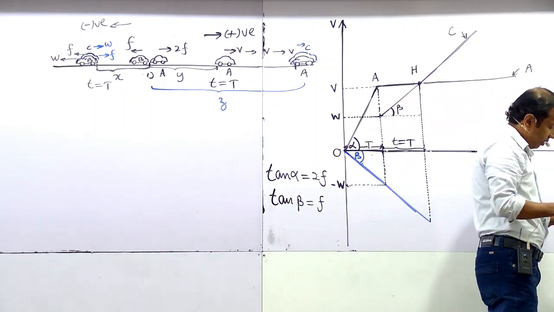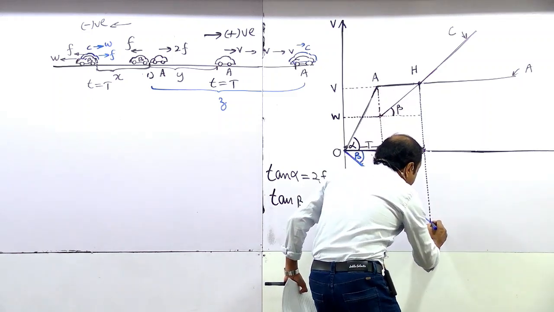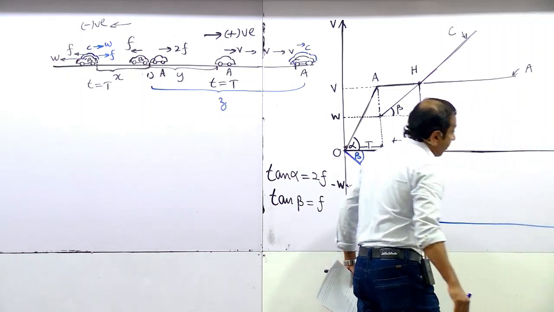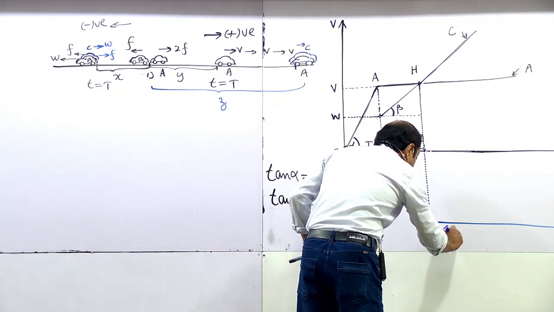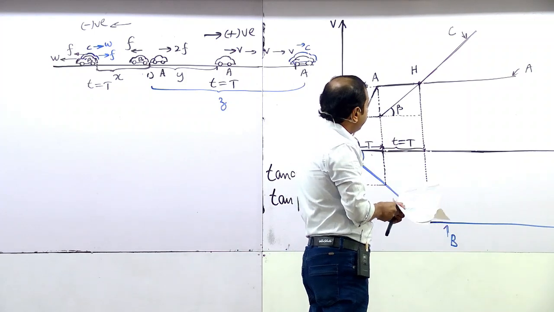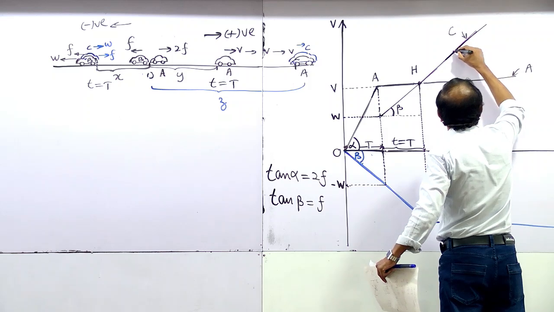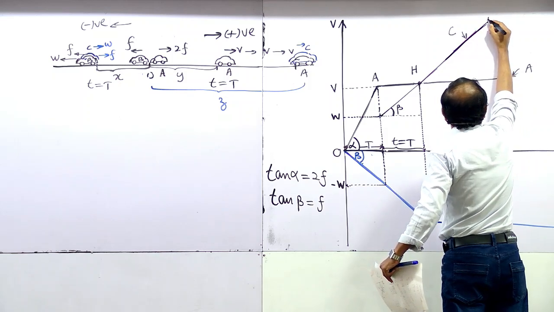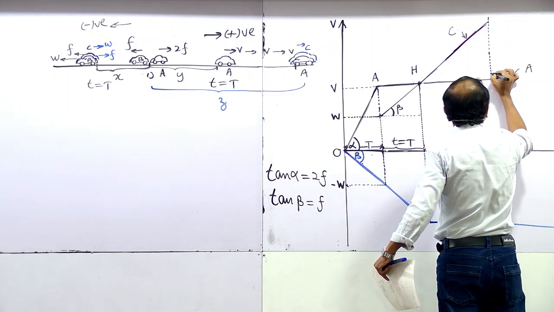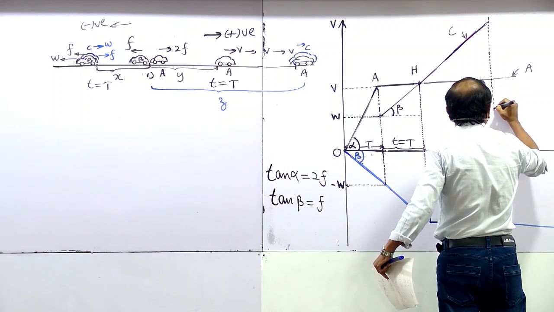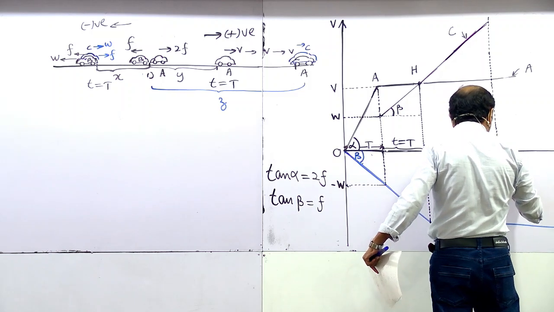Understood? Right? Okay. This is the motion of car B. I'll take this as our moment, the car C overtakes the car A. Up to that moment only we are asked to find the VT graph.